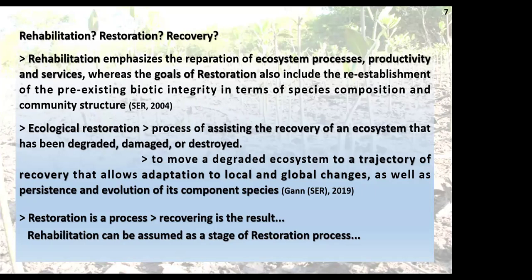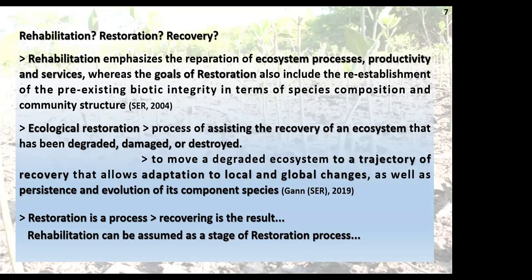We are using for these definitions the standards of the Society for Ecological Restoration that appear here as SER. So again, it's very difficult to reach the reestablishment of all the species pool pre-existing before the degradation.